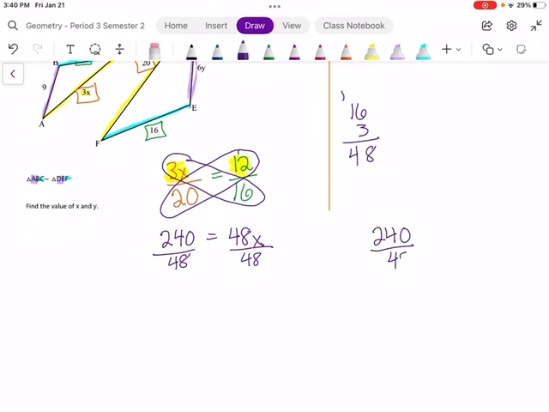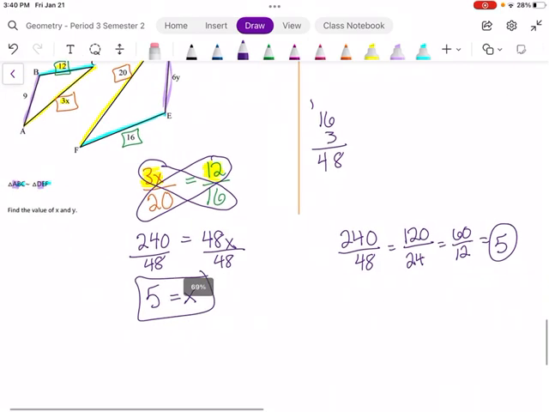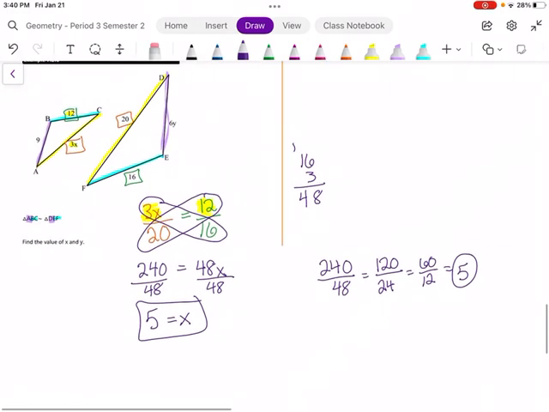Okay, if we simplify this, divide that by 2 would be 120 over 24, divide by 2 again. And we're going to get that equal to 5. So that would be our value of x. And again, you can use a calculator for this if you need to.